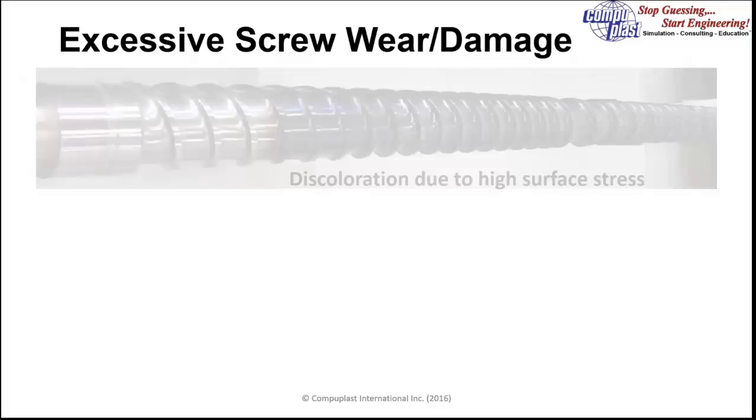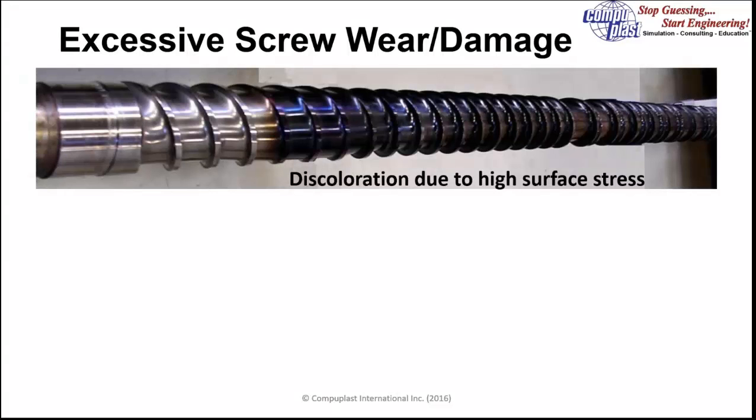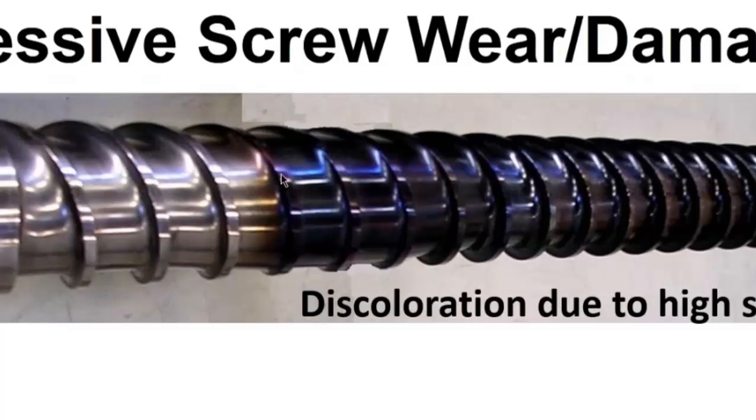So let's get started with the first topic, which is excessive screw wear or damage. The first image here shows discoloration, which is due to high surface stress. We initially thought this was due to excessive temperature, but we can see here the rather abrupt change between the shiny chrome color and the dark blue color.